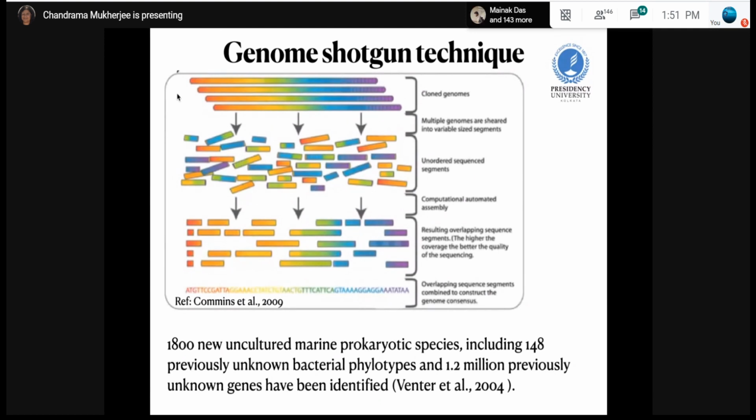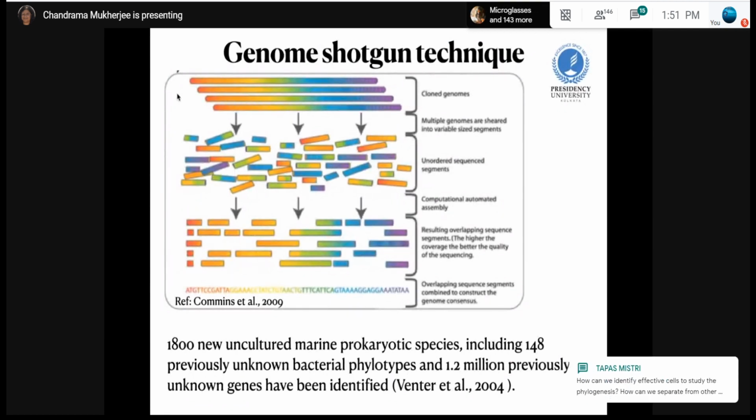So different computational automated assemblers are used to make them into properly overlapping sequence segments, and from these overlapping segments we can determine the genomic sequences.